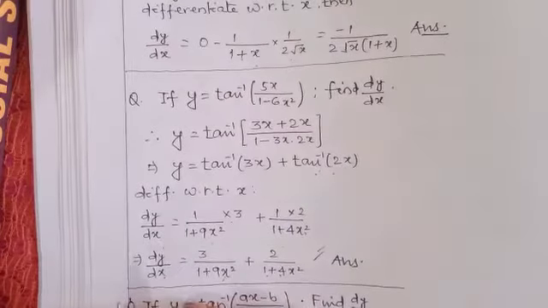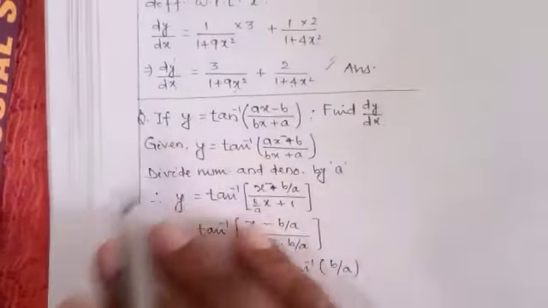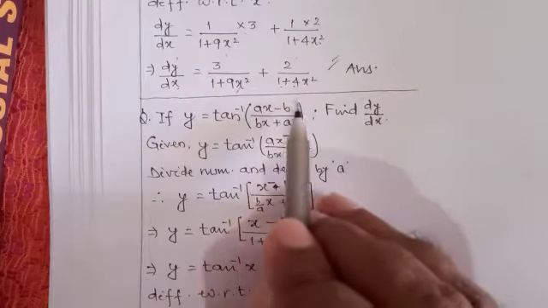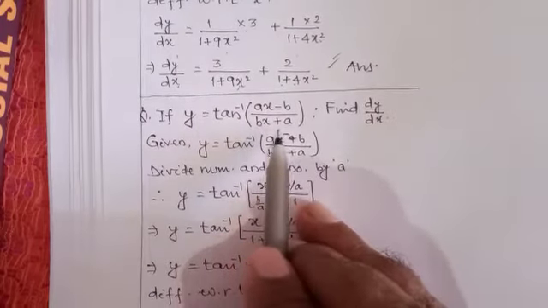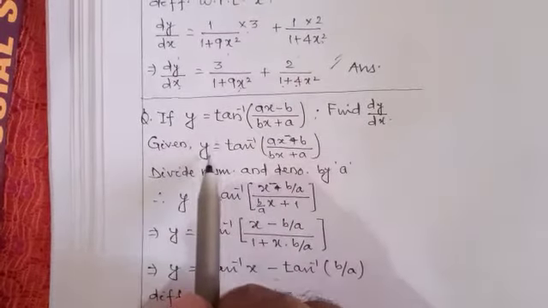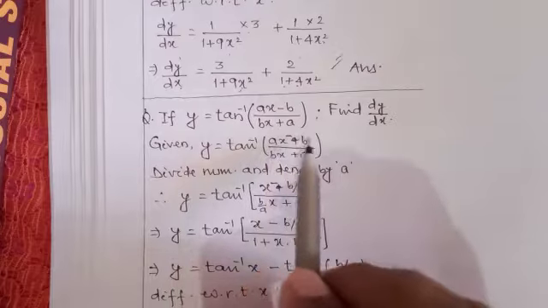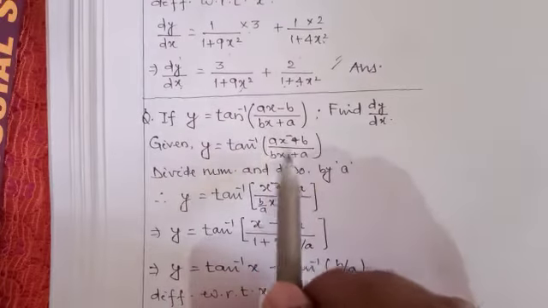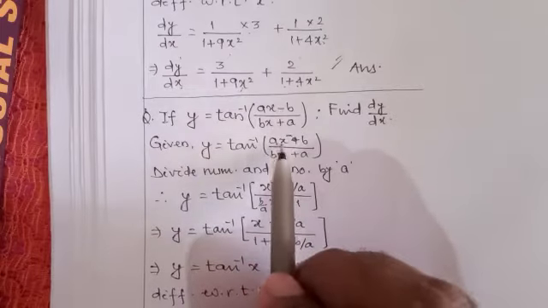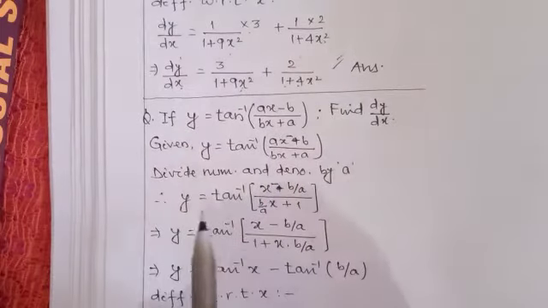The next question is on the same pattern. If y is equal to tan inverse of ax minus b upon bx plus a, then find dy by dx. So what is given? y is equal to tan inverse of ax minus b upon bx plus a. Now divide numerator and denominator both by a.